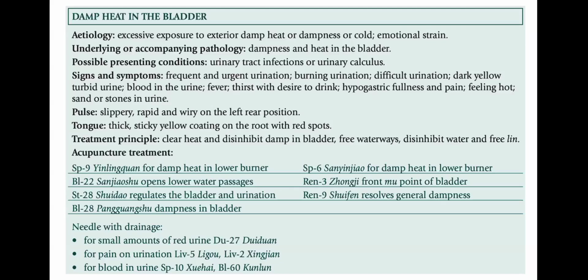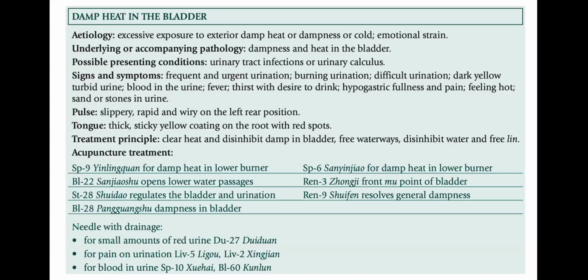Signs and symptoms: frequent and urgent urination, burning urination, difficult urination, dark yellow turbid urine, blood in the urine, fever, thirst with desire to drink, hypogastric fullness and pain, feeling hot, and sand and stones in the urine. The pulse is slippery, rapid, and wiry on the left rear position. The tongue is thick with sticky yellow coating on the root with red spots.